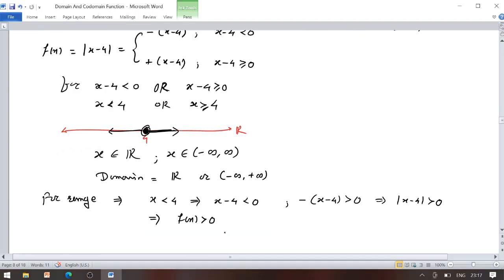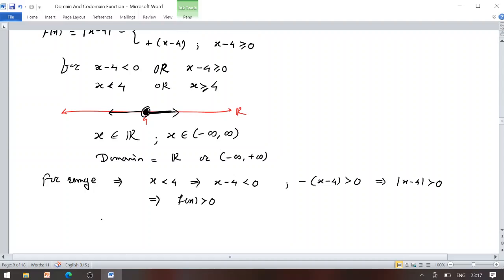Now as per the second condition on x, we have x greater than or equal to 4. So that implies ultimately x minus 4 is greater than or equal to 0, so the positive value is there. So the modulus becomes a positive value. The modulus of x minus 4 is greater than or equal to 0, and ultimately f of x is greater than or equal to 0.